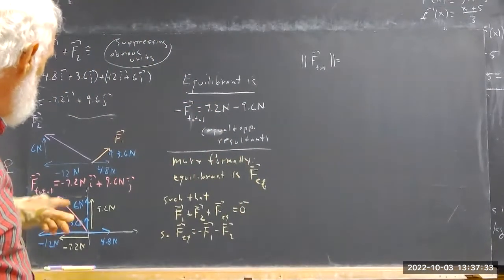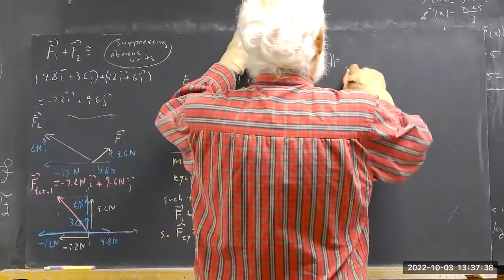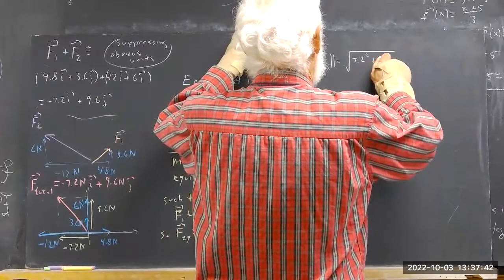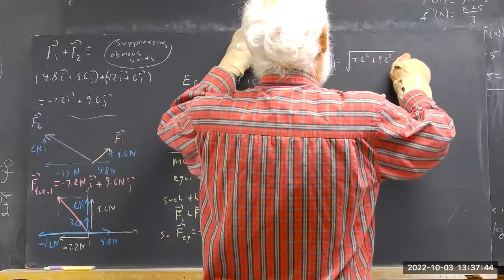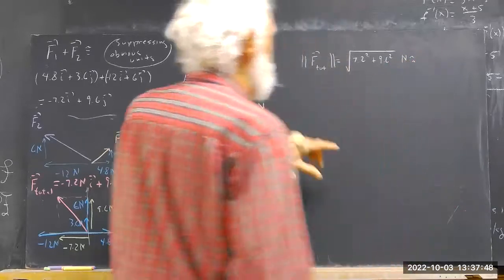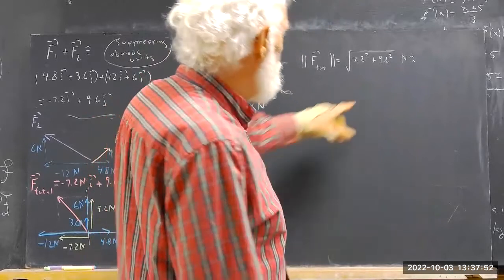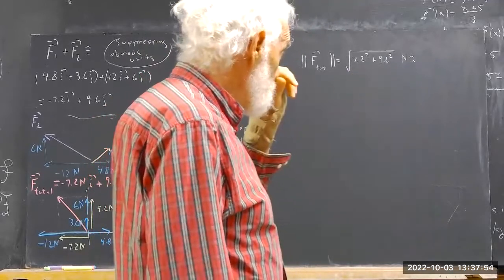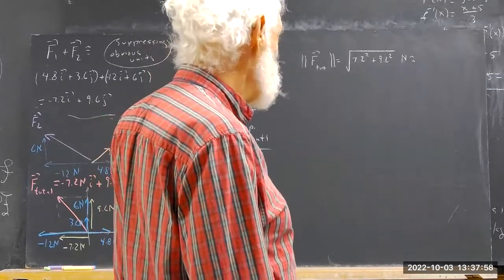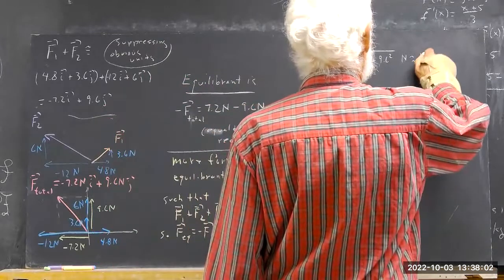It's a magnitude of this, and that's going to be the square root of. Okay. And if you square 7.2, you get about 54, and square 9.6, you get about 92. That's what it is.